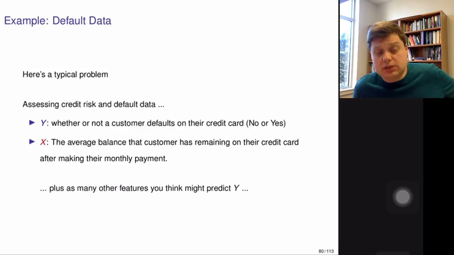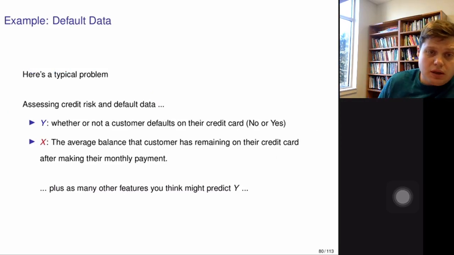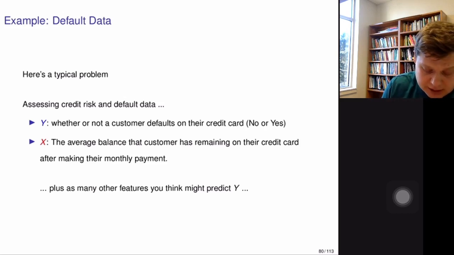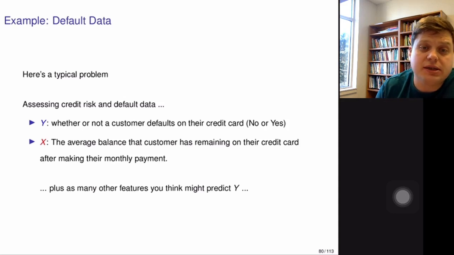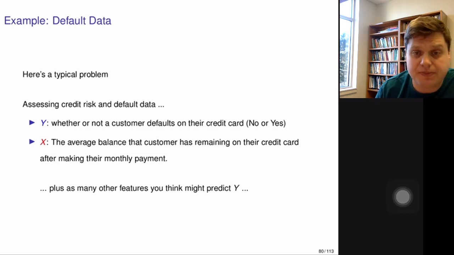Okay, so let's look at a more specific example. Let's look at the default data. So again, y is default, no default. And we're just going to look at a very simplified version of the predictive model for the default. X is going to be the average balance that the customer has remaining on their credit card after taking their monthly payment. So it's basically how much of obligations the customer already has.